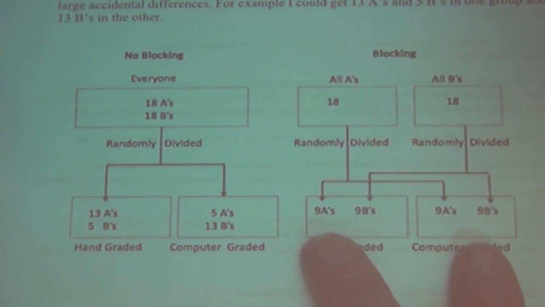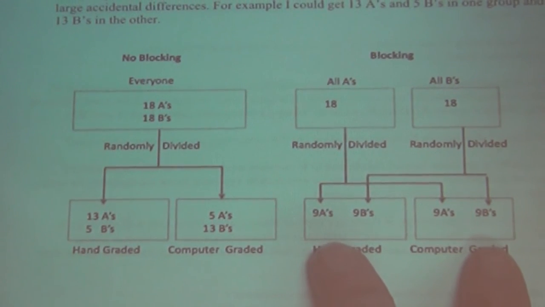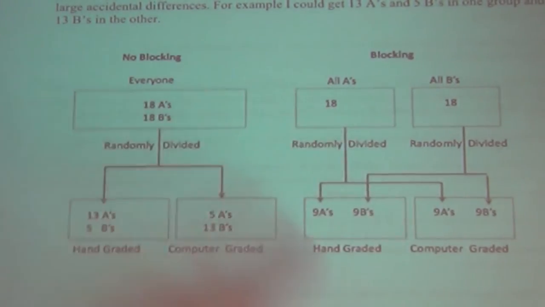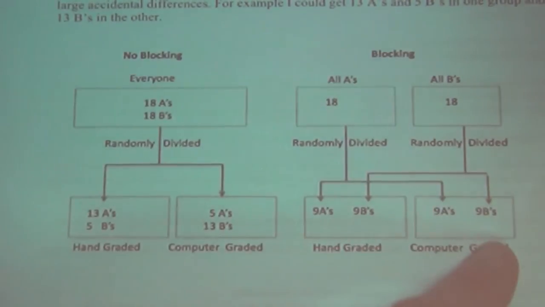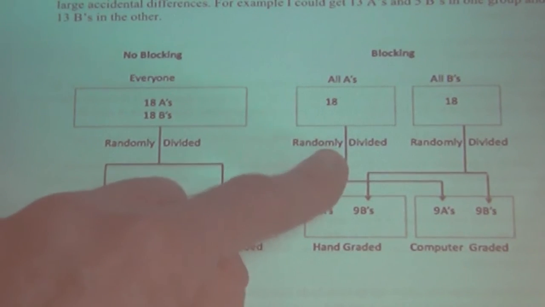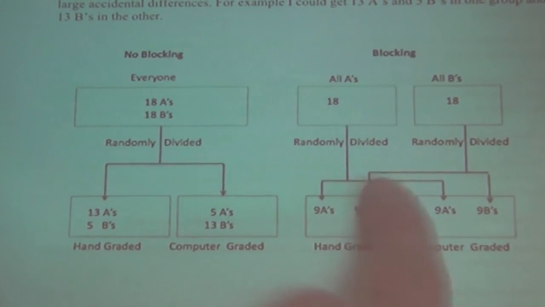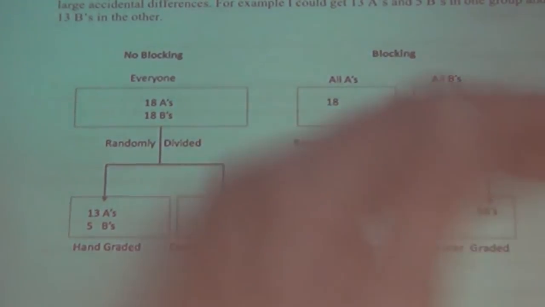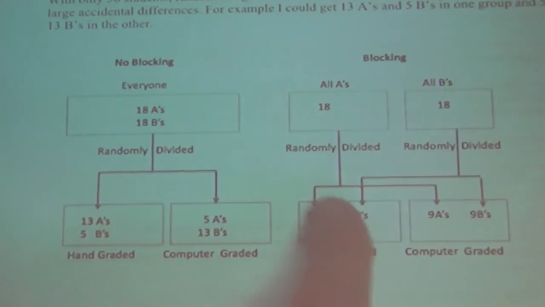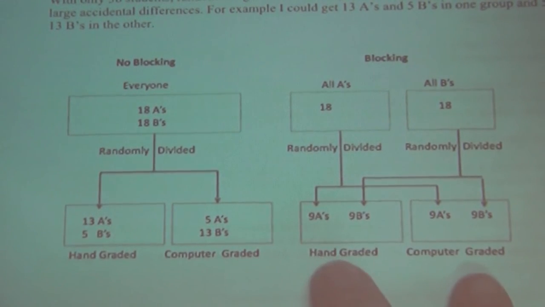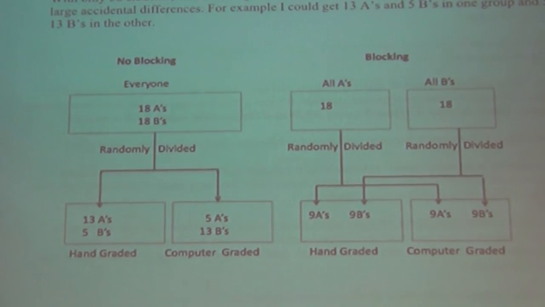It doesn't introduce bias as long as the final assignment to these two groups is random. That's all that matters. I can do all the blocking I want ahead of time, but as long as the last assignment is random. Does that make sense?